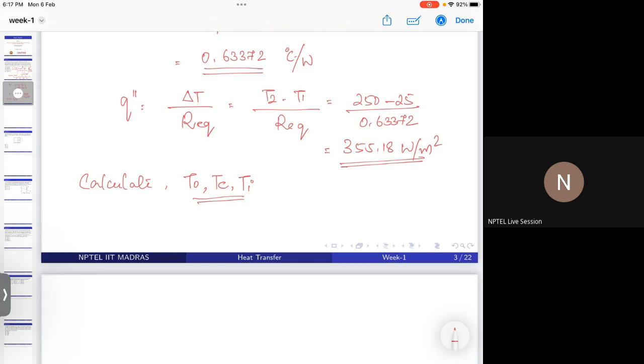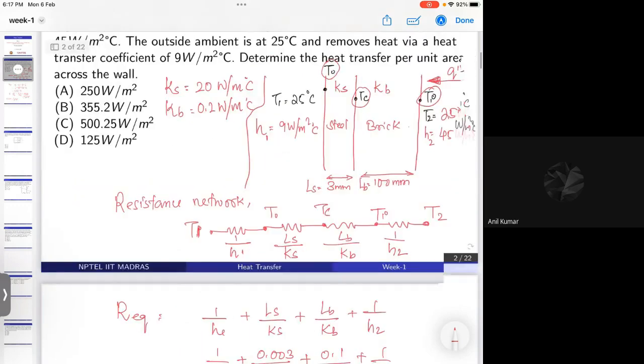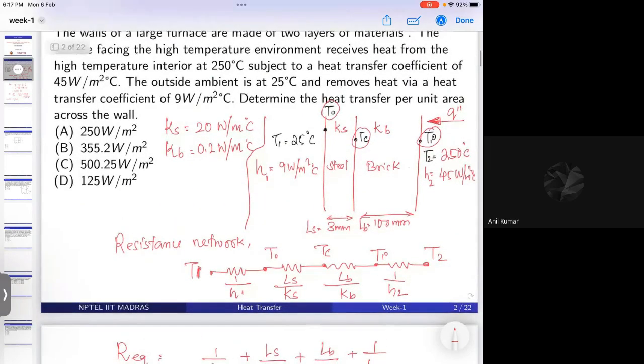Sir, I think you should show the statement, because the statement is not visible. Is that fine? Thank you.